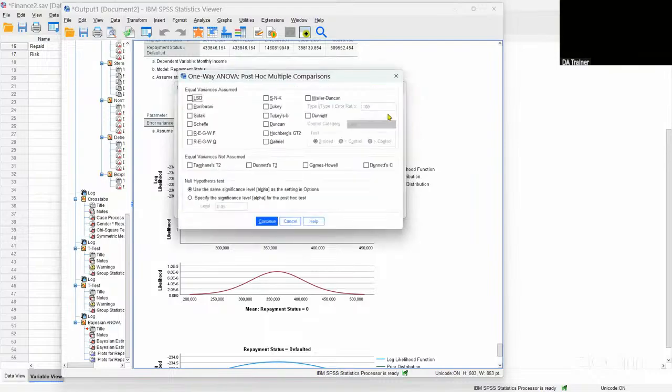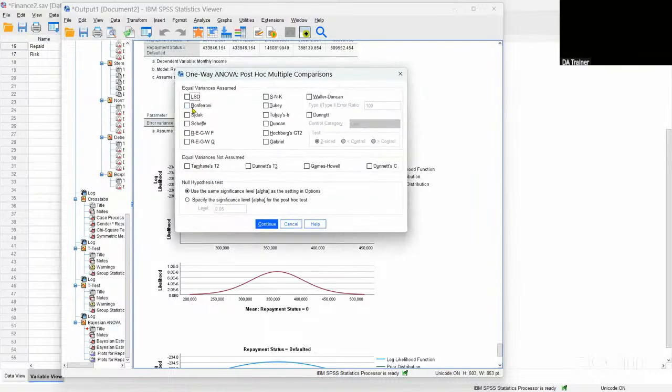Very simple, post hoc, just activate it. On post hoc, just click on Tukey. Tukey is what I was looking for.